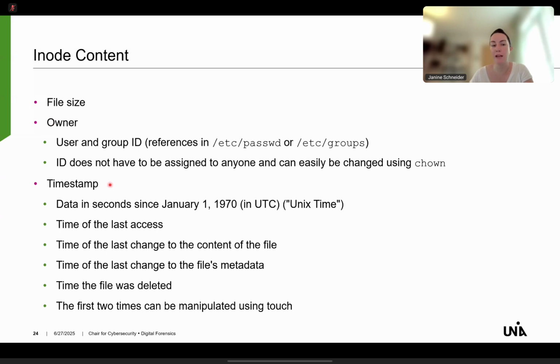Of course, we also have timestamps, and in XX we have data in seconds since January 1st, 1970. So this time is usually called the Unix time in UTC, and every timestamp is stored as seconds since this date.